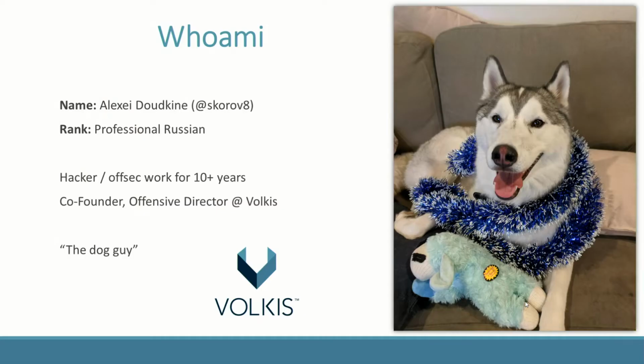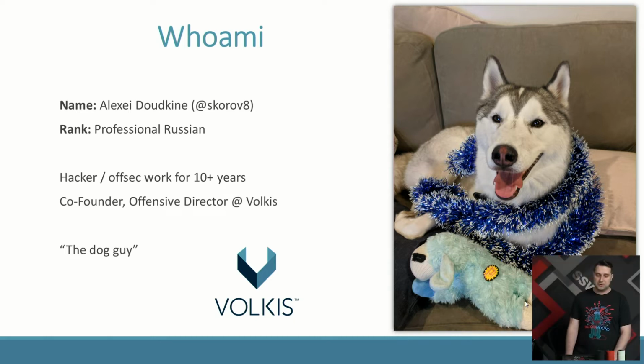So hopefully you can see my one slide. This won't be a slide deck at all, but just a little bit about me. My name's Alexei. You can find me on Twitter as Scorov8. I am a professional Russian, which means you know I'm a real hacker. I've been doing hacking and offensive security work for over 10 years now, and in my spare time, I'm a co-founder and offensive director at Volkis.